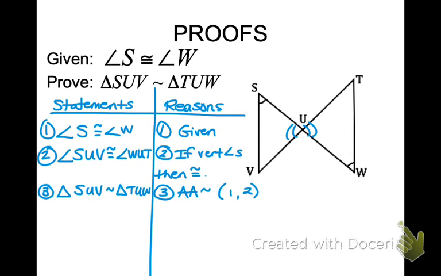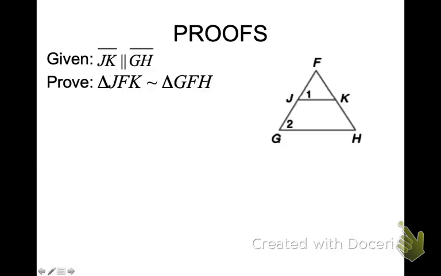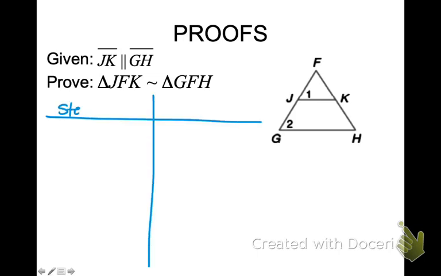All right, number 2. Let's go ahead and get our T-chart set up. Statements on the left, reasons on the right. Line 1 is your given. So we're given that JK is parallel to GH.